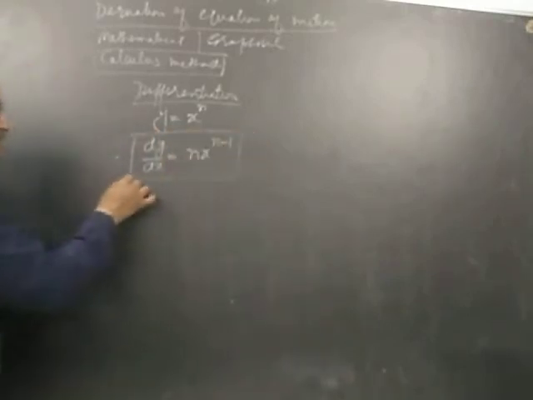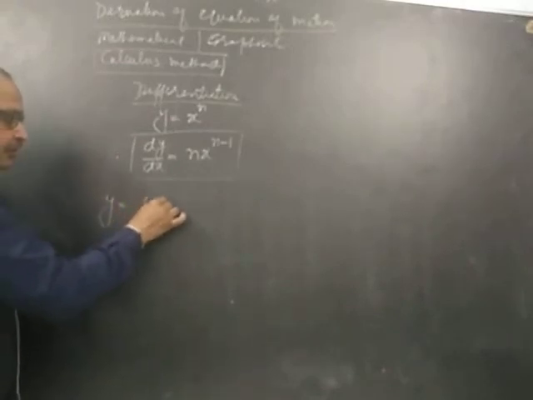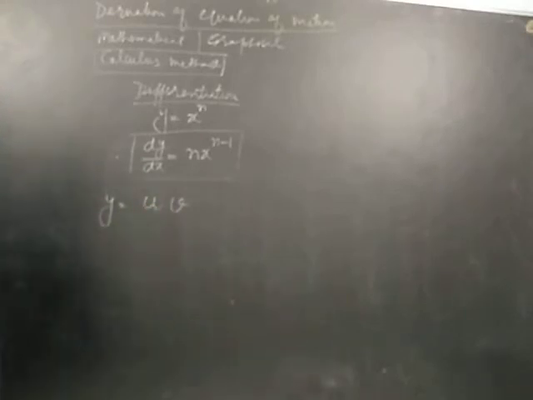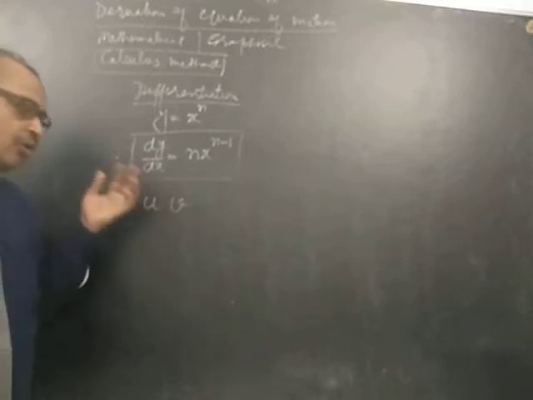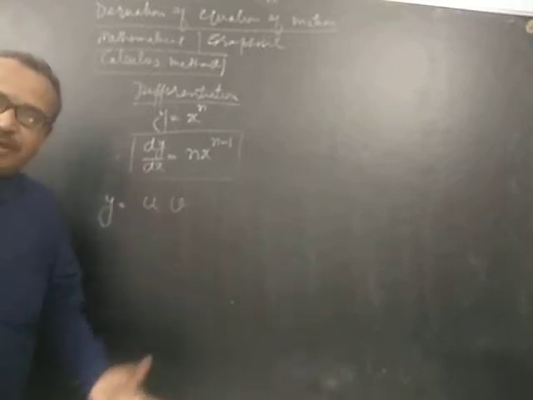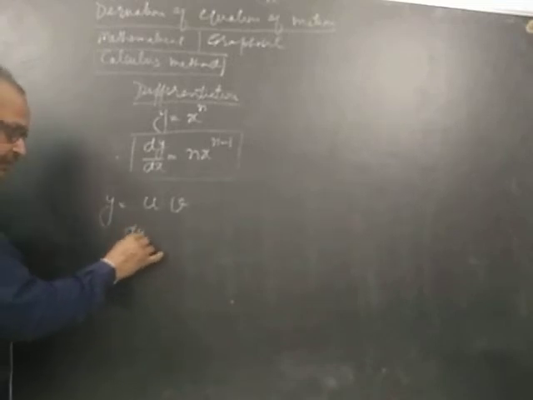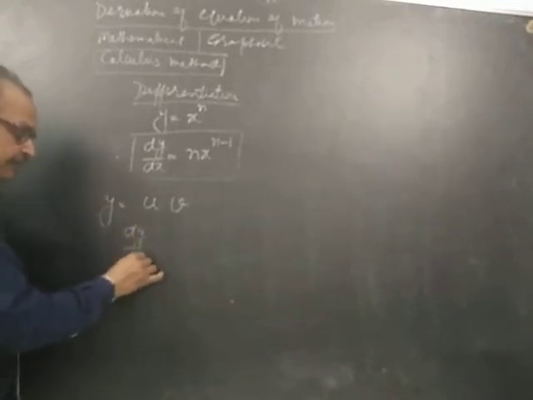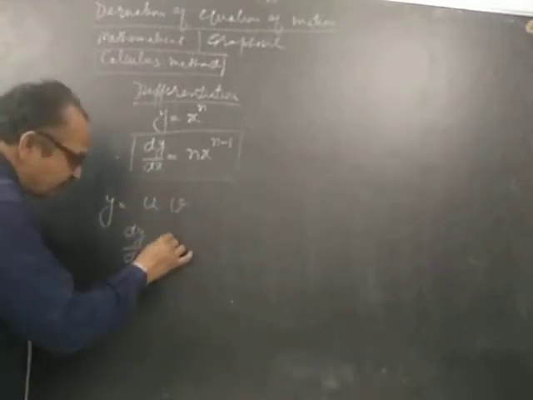And the second concept was, if you have a function which is in the form of the multiplication of two functions, or two variables of x, then the derivative of y will be given by the formula, you remember? Very good.